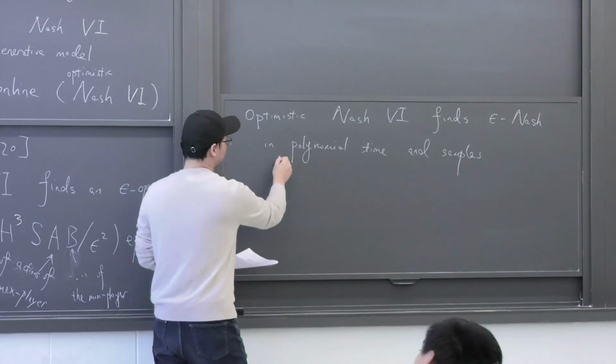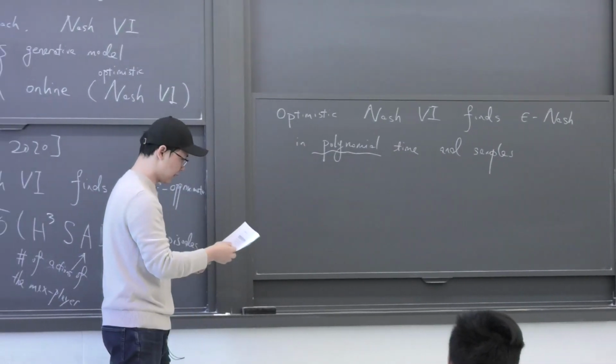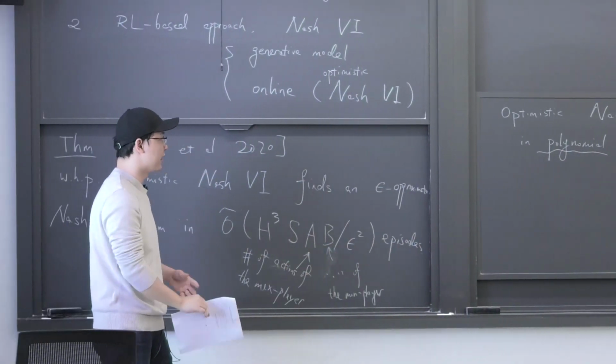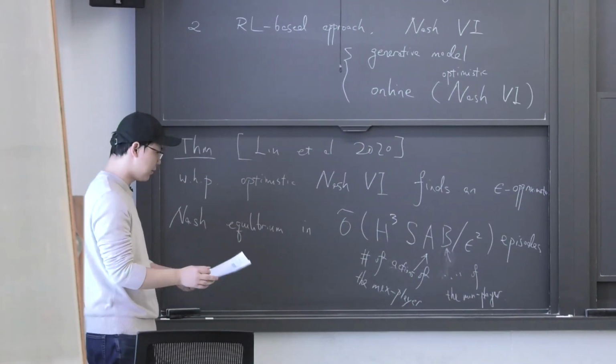So this part is the important thing. Now we do have a polynomial time and sample algorithm.